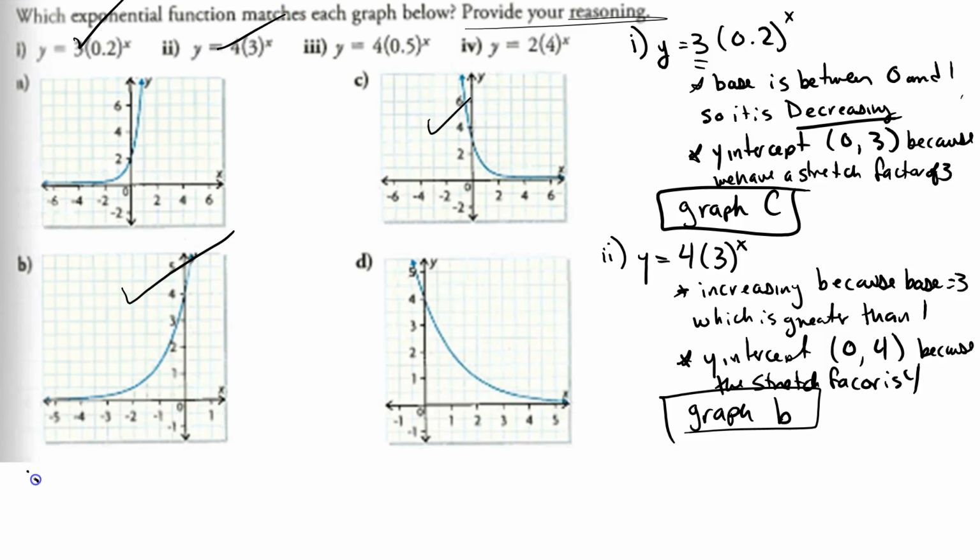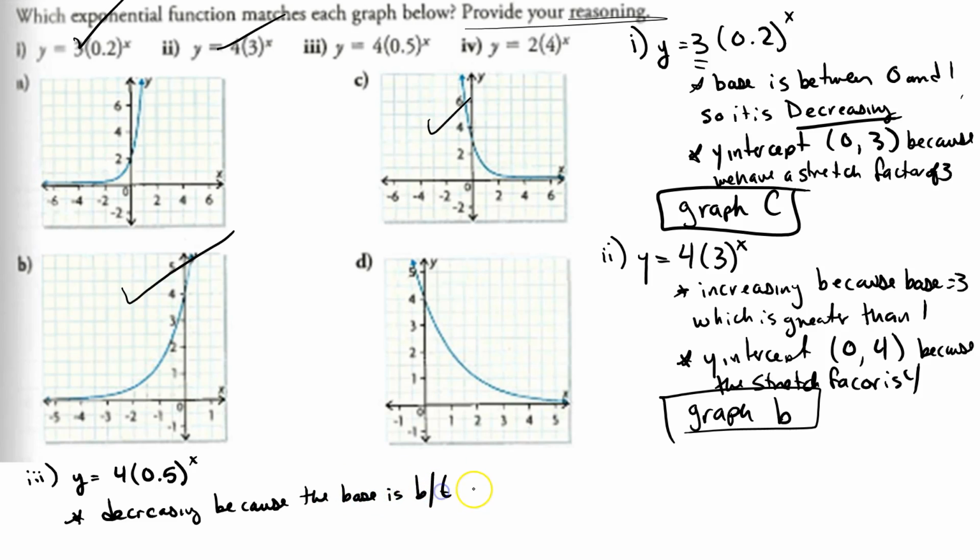Let's look at 3. I. Y equals 4 times 0.5 to the power of x. We know it's decreasing because the base is between 0 and 1.